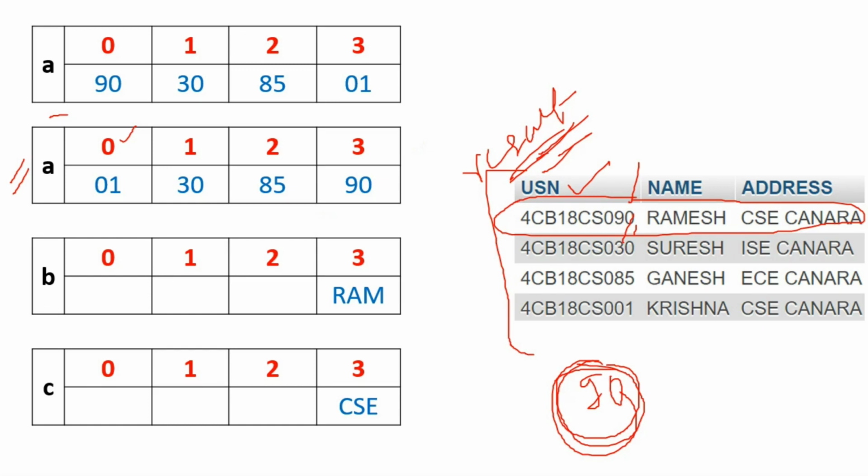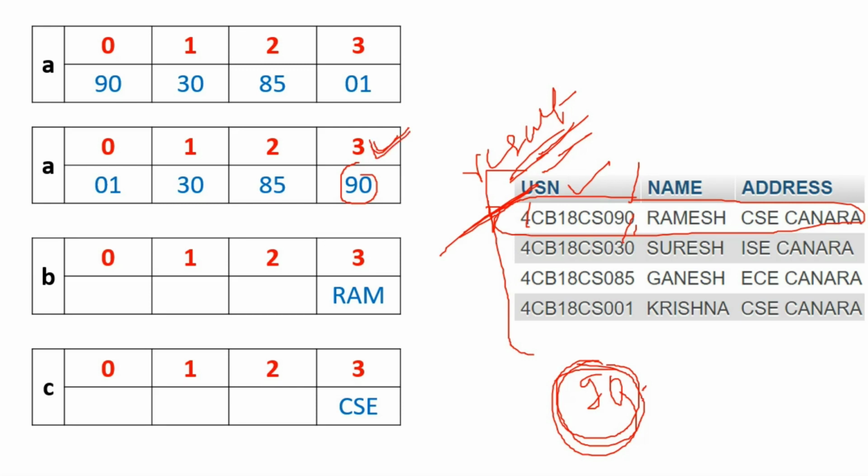Generally, I will consider it as 3. Once I find that the USN I have fetched is at 3, this row is under my access now, in this table. So the row of USN gives 90, and I found 3.